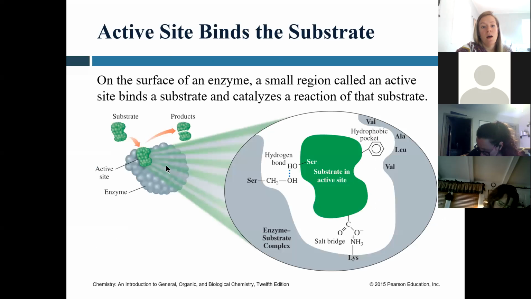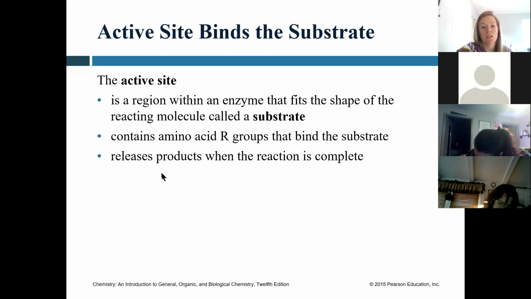So on our enzyme, this is a generic enzyme, we have this thing called an activation site. And what is the activation site? It's a region within an enzyme that fits the shape of whatever molecule it's trying to react to. And the reacting molecule is the substrate. So let's say we're given glucose in our system.